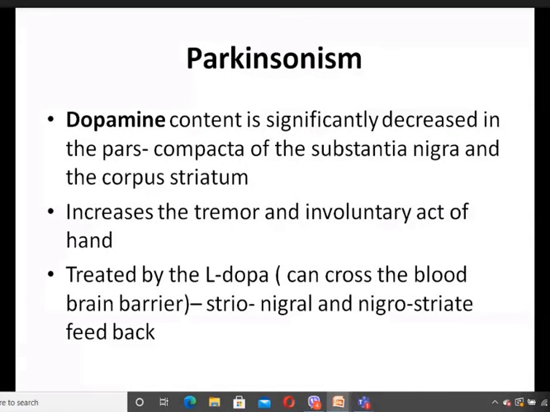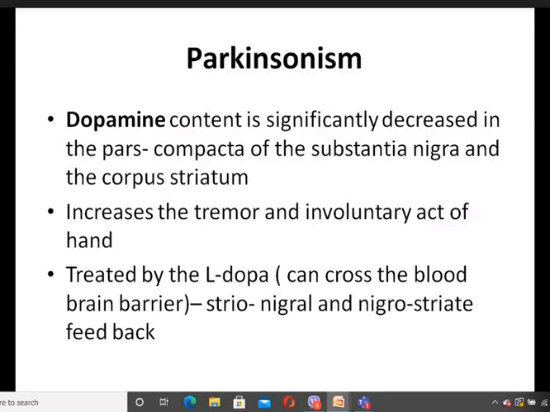Move on to the applied aspect of the midbrain. As I discussed in the substantia nigra, the applied aspect is Parkinsonism. The dopamine content is significantly decreased in the pars compacta of the substantia nigra and the corpus striatum, and this causes tremor of the hand and feet, involuntary action of the hand, uncontrolled movement of the hand.